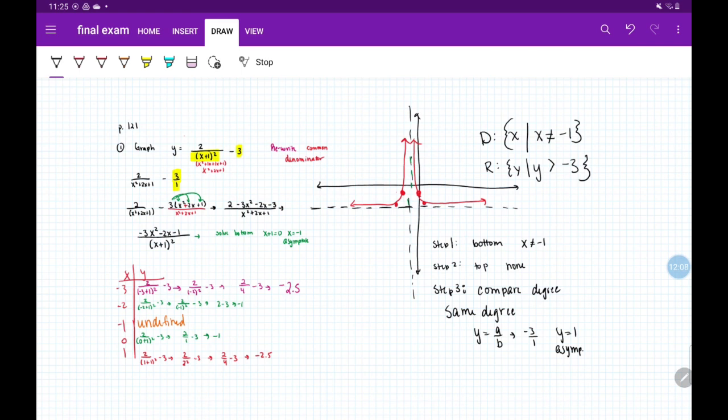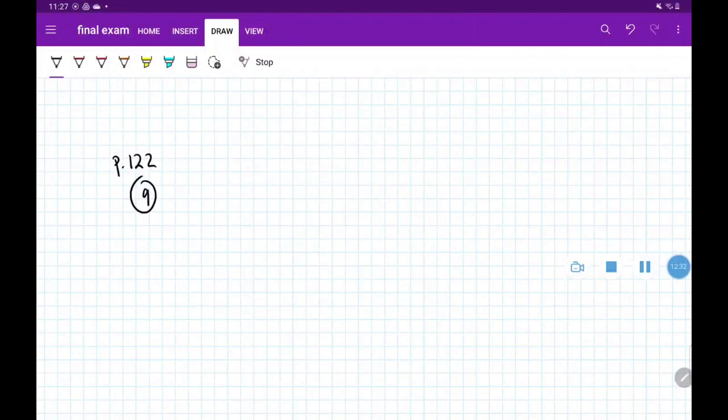So that was a really good review of the steps. As a reminder, I would provide you with a handout with these steps. All right, that's done. All right, number 9.